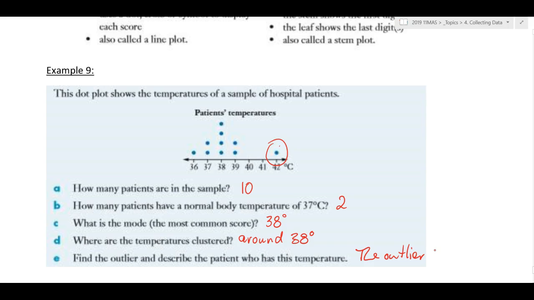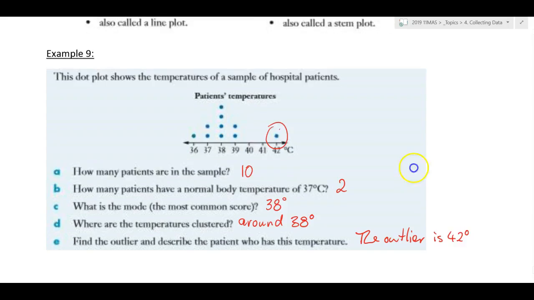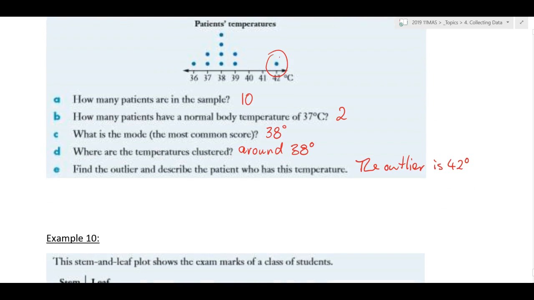Describe the patient. What do we mean by that? The outlier is 42 degrees. There's that 42 again. And describe the patient who has this temperature. I don't know. They're pretty sick. They're pretty hot. Nah, don't worry about that. Outlier's 42 degrees. That'll be fine.